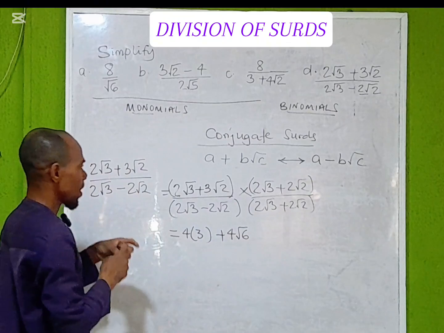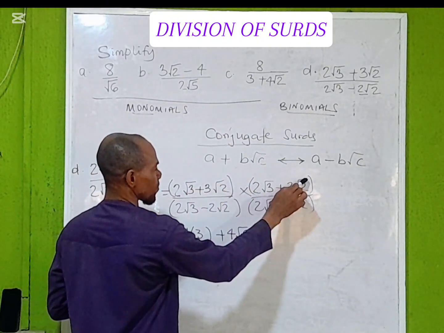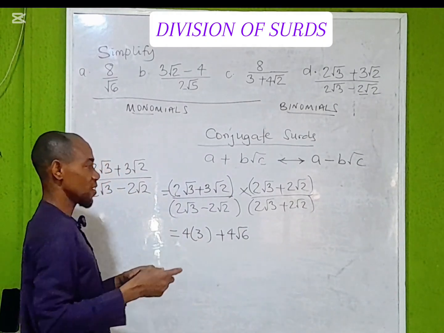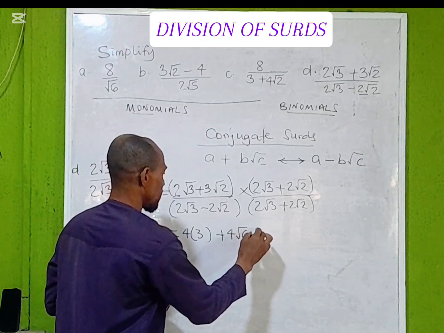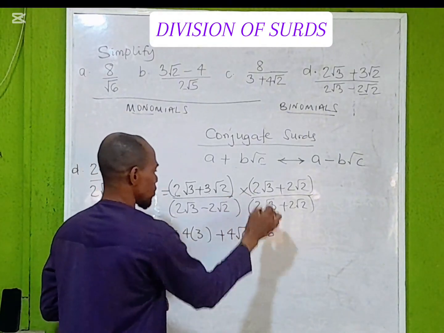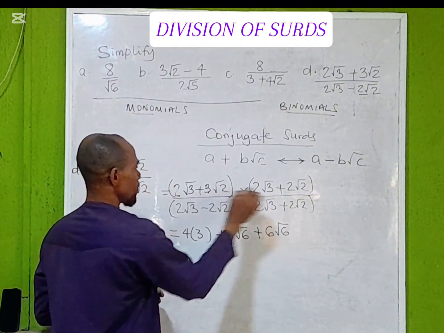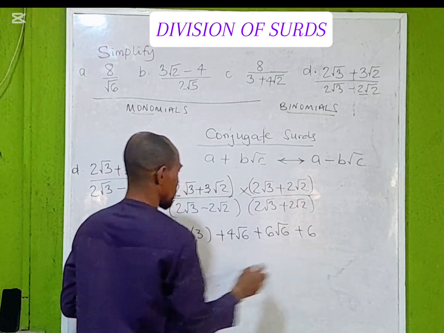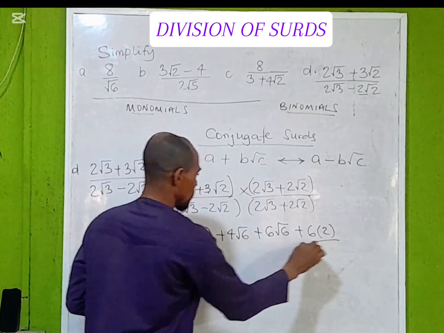I'm taking these two and multiplying both contents in the bracket. Once I'm done with that, I come to 3 root 2. So I'm going to have 3 times 2, 6. Root 2 times root 3, root 6. Similarly, 3 by 2, 6. And root 2 times root 2, simply 2.